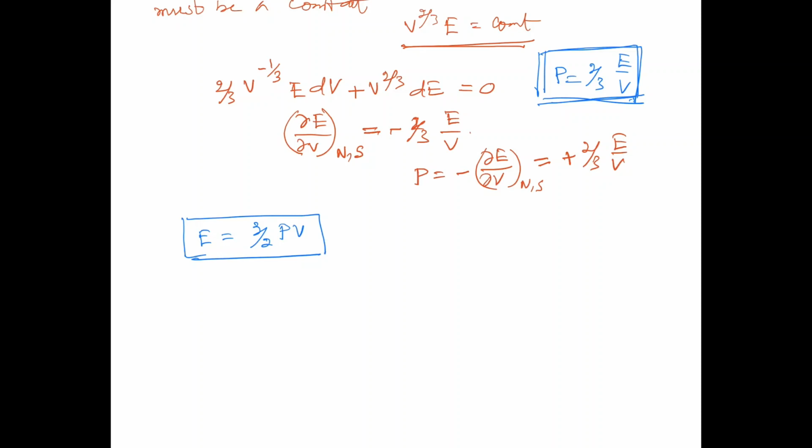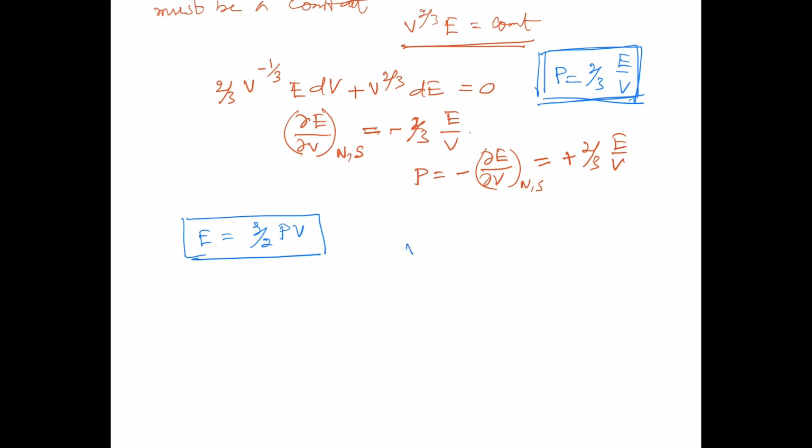E by V is energy density. So pressure P equal to 2/3 E by V means pressure is 2/3 of energy density. For what kind of a system? This is the pressure of a system of non-relativistic, non-interacting particles.